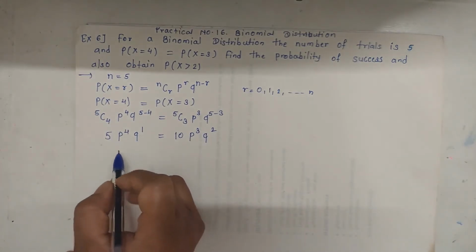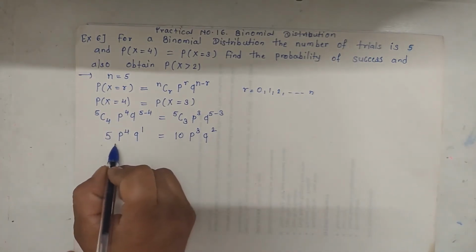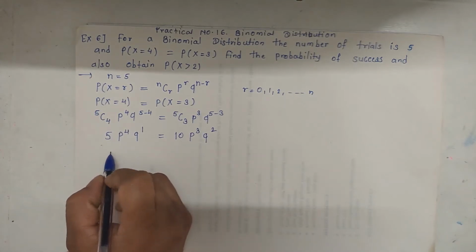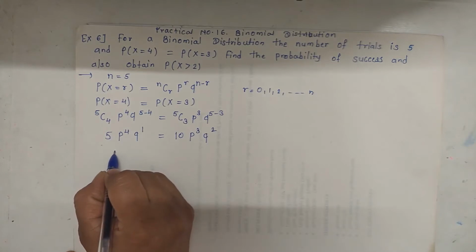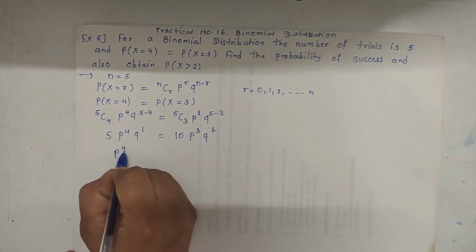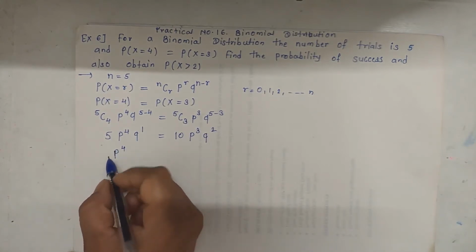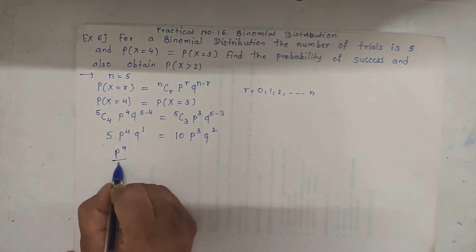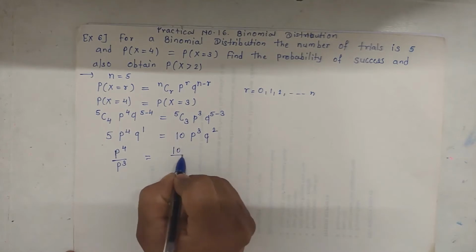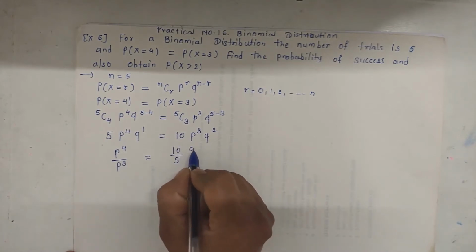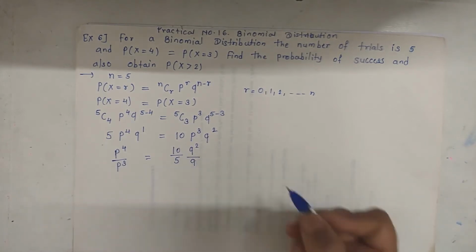Now by rearranging the terms, we get p raised to 4 upon p raised to 3 is equal to 10 by 5 q square upon q.